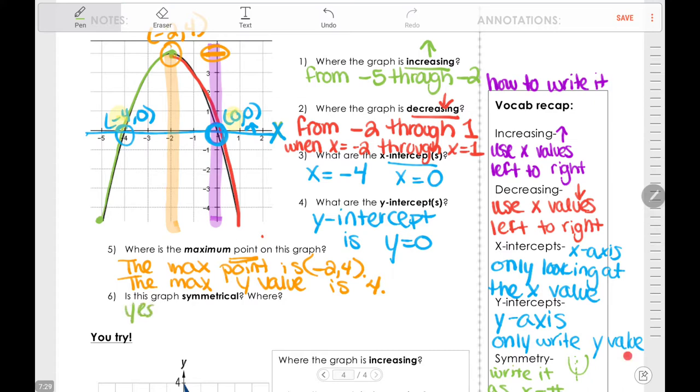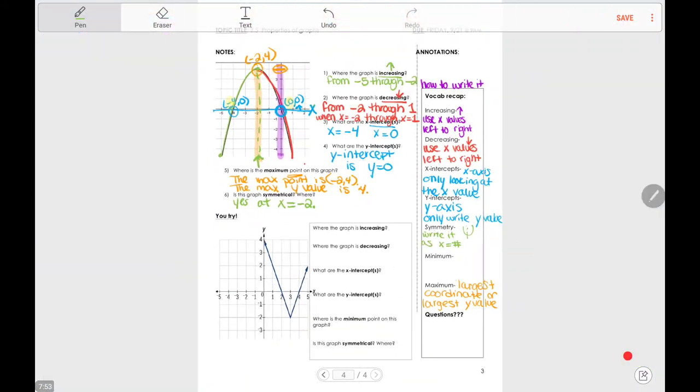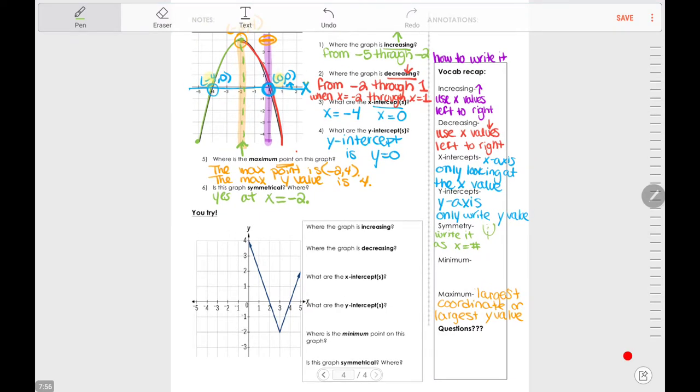Yes. And where is it symmetrical? Right here. And we write that as when x equals 2. So that represents this whole imaginary line. Okay? I know that is a lot. I know it's very specific on how to write it, so you're going to practice it more tomorrow in class. So go ahead and try example number 2. And then when you are done, please watch the rest of the video to make sure you got it right.